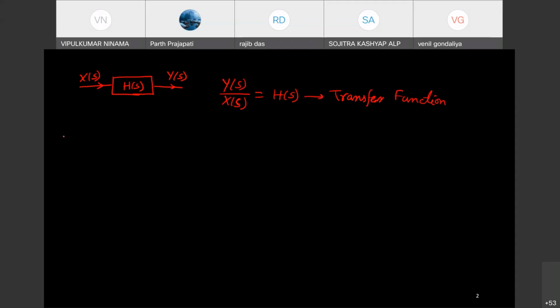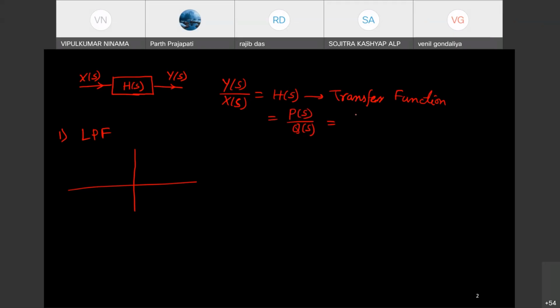First of all, for low pass filters, in the pole zero location, this H of s could be in this form, some P of s upon Q of s in general. The numerator polynomial is P of s and the denominator polynomial is Q of s.